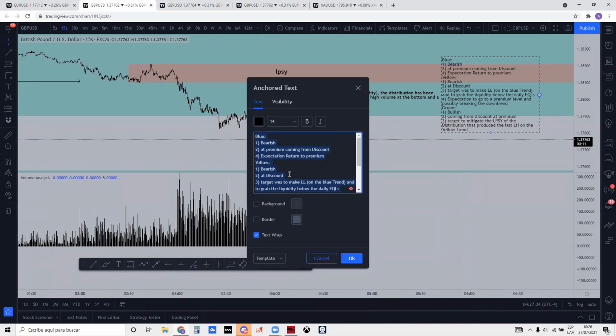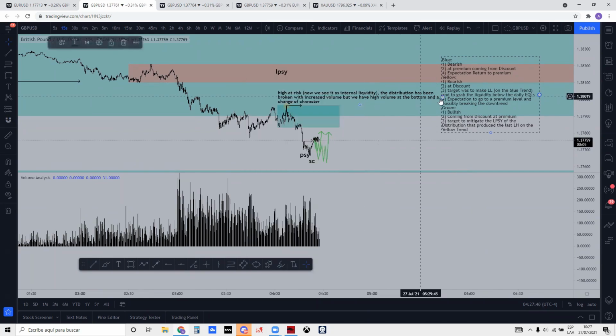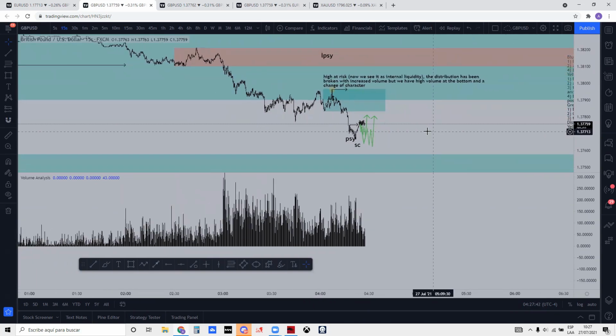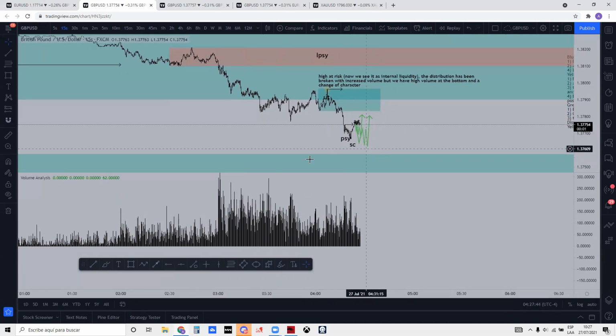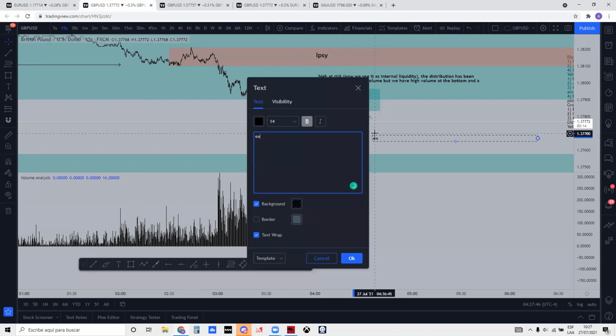Green is still bullish, coming from discount to premium. Well, this is confusing, so I'm going to hide it for now. Expecting accumulation to mitigate the LPSY.